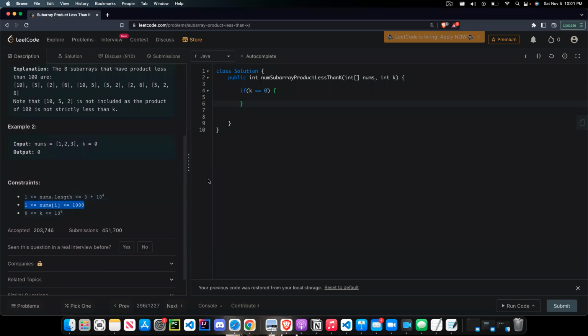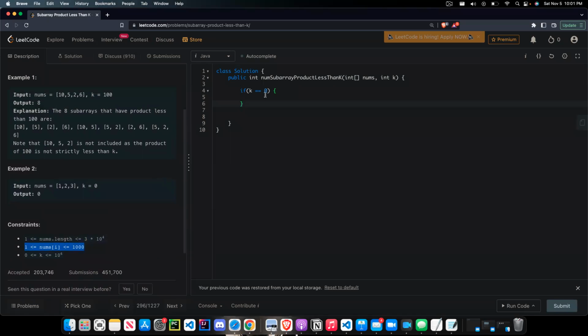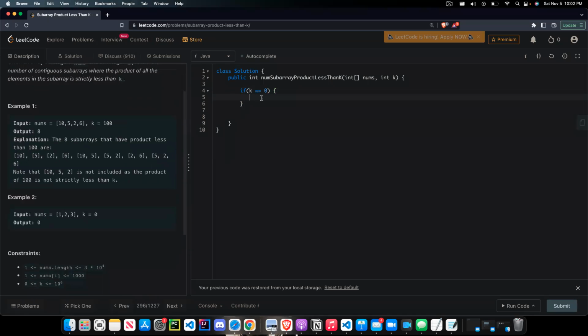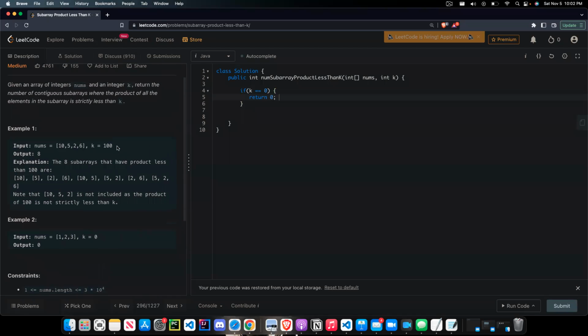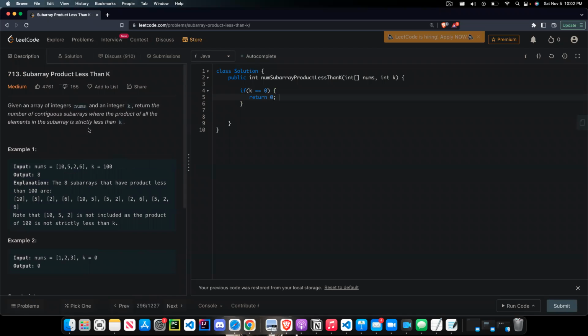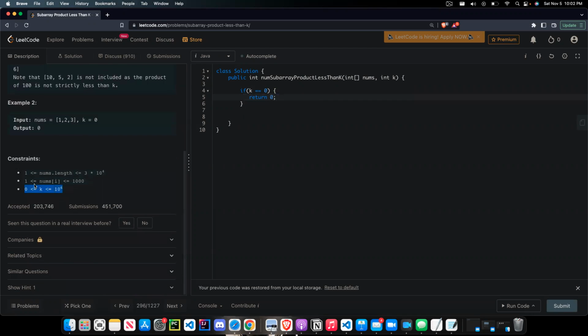How can we find a product less than 0 if the numbers are always going to be greater than 0? In fact, they'll even be 1 or greater. That means if k is equal to 0, then there actually won't be any solutions. We're going to return 0. The count of subarrays whose product is strictly less than k is going to be 0, since these two pieces of information lead us to that.